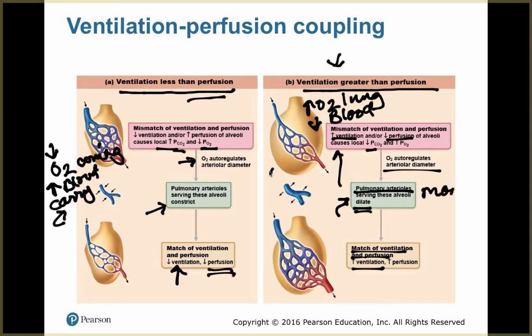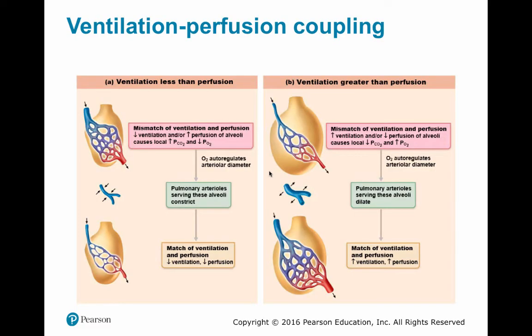More blood. So you're going to get dilation to happen. And that's going to increase the perfusion rate. So that's how they work together to try to keep them in balance.